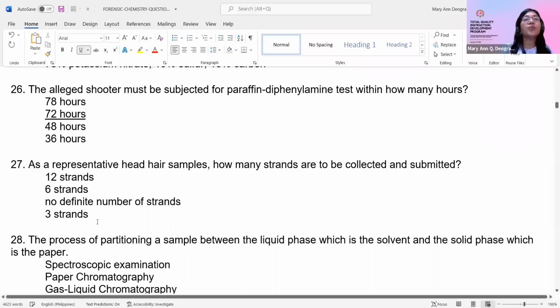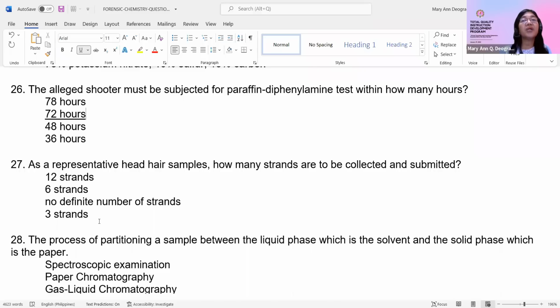How about number 27? As representative head hair samples, how many strands are to be collected and submitted? Diniscuss ko sa inyo nakaraan yun. 12 strands. Head hair samples, 6 strands. No definite number of strands. 3 strands. Anong sinabi ko sa inyo nakaraan?